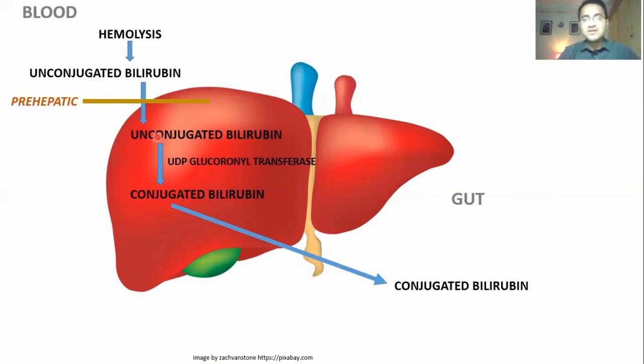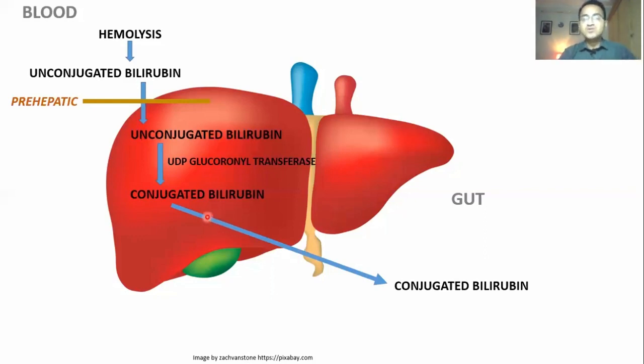Sometimes it happens that bilirubin is conjugated, but that conjugated bilirubin cannot enter gut because there is something wrong with the excreting system. There is something wrong with the biliary tree. Either there is a stone present in the biliary tree, or there is a tumor present in the biliary ducts, or there is primary biliary cirrhosis, primary sclerosing cholangitis, where the biliary tree is destroyed.